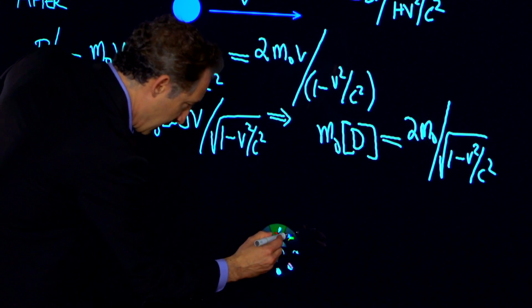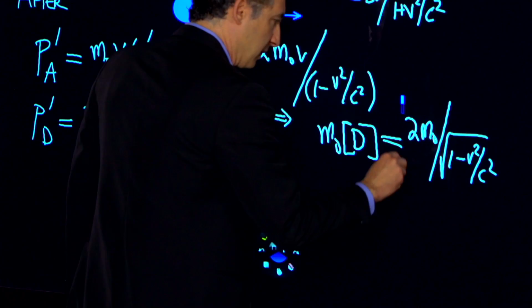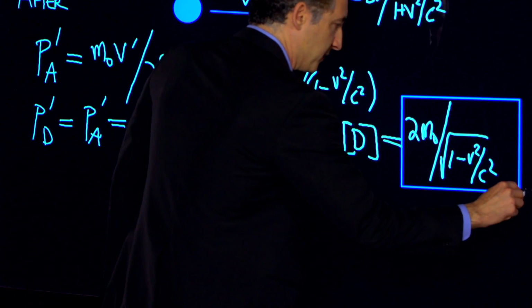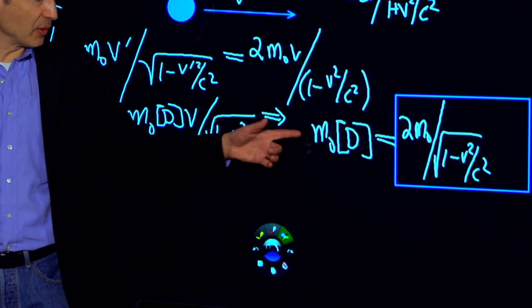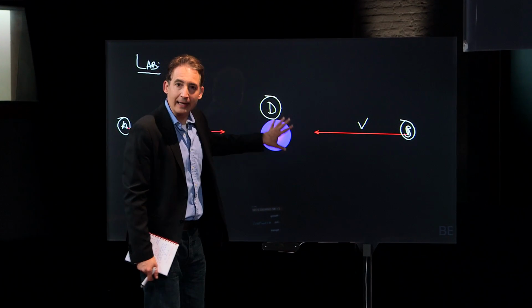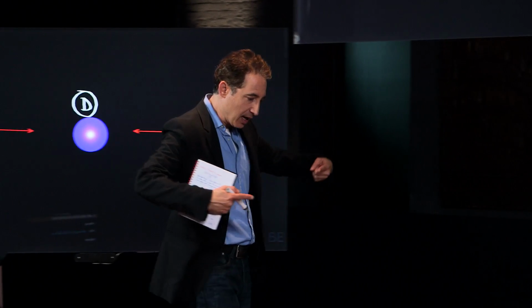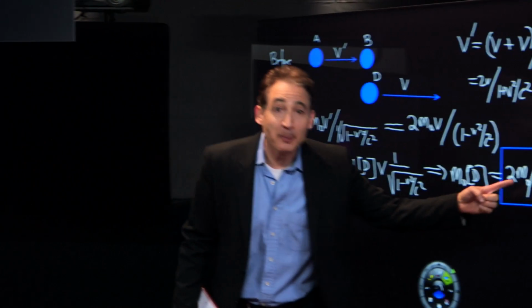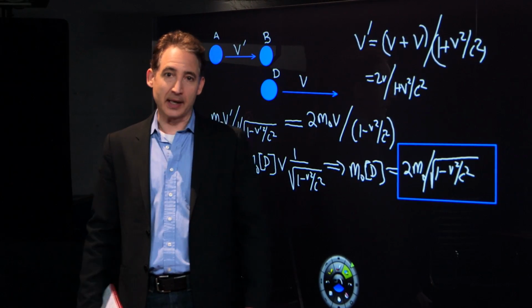And that is a remarkable formula if you think about it for a moment, because it's basically telling us that the rest mass of particle D, that's this guy that we have over here, the mass of particle D when at rest, is not equal to 2m0. It's not equal to the sum of the masses of the two particles that are coming in. It's a little bit bigger than the sum of the masses of the two particles coming in.